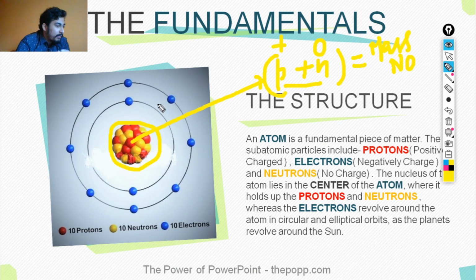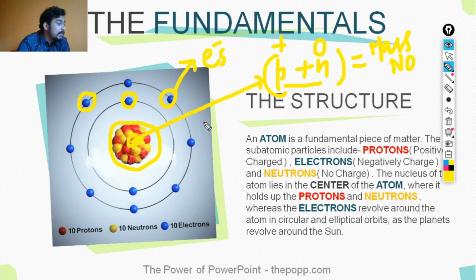Whatever you are seeing over here which is revolving around the nucleus following certain orbits, these are known as electrons. They revolve around the nucleus exactly like planets revolve around the sun.